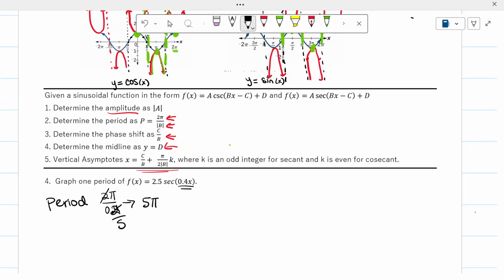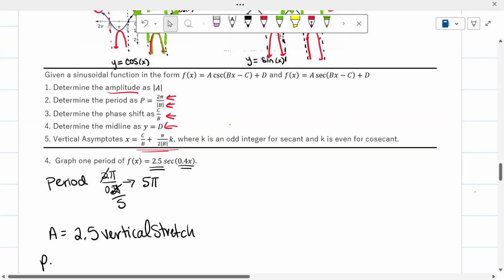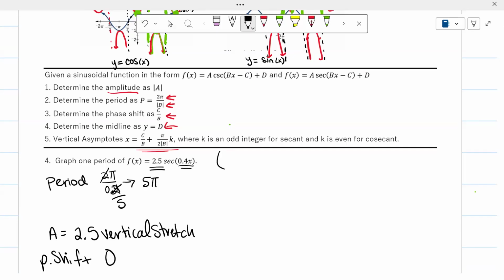So this is going to stretch the graph, because the normal period is 2 pi, so we're more than doubling the stretch. Then the A in the front is a vertical stretch. There is no C, so our phase shift, or horizontal shift, is 0. If I'm going to do my 5 key points, 1, 2, 3, 4, 5, we know they're U's.